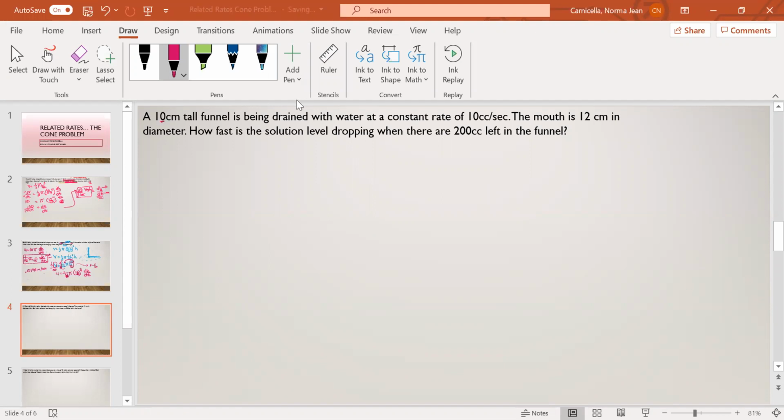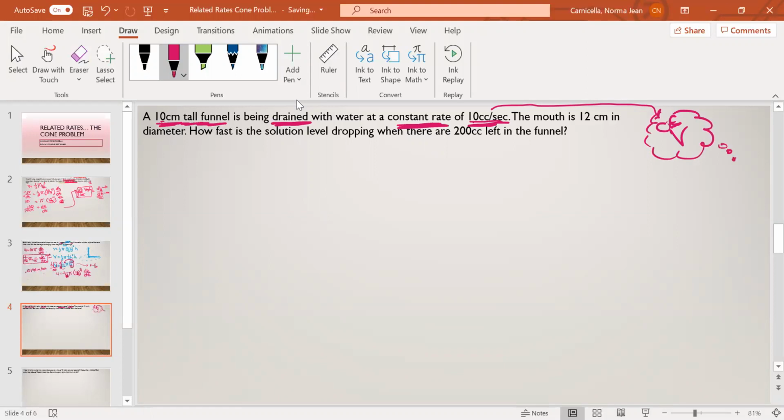All right, so let's talk about what we know. It's height, we know it. It's being drained. We're dealing with a minus here. Constant rate, this is probably a related rates problem. And 10 cubic centimeters of water is being drained. So that's telling me volume. CC, cubic centimeters, anything cubed, remember, is volume. So I'm thinking volume in here.